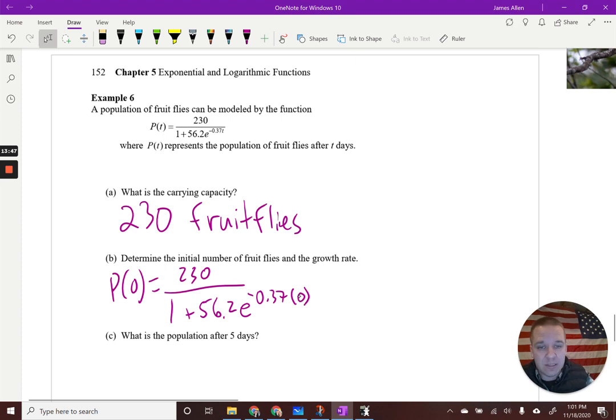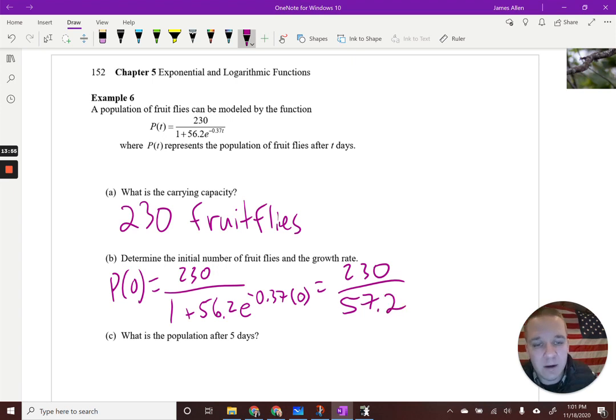So I have 1 plus 56.2, so 57.2 would be in my denominator. If you want to make it a little easier to plug into your calculator, it's nice to do some of these more simple things outside of the calculator so you don't mess up with parentheses and things. So I did already calculate it. It is 4.021 fruit flies.